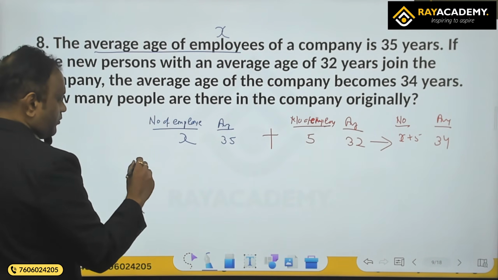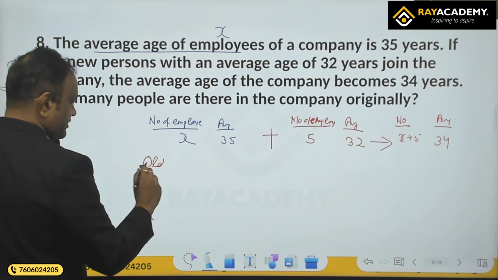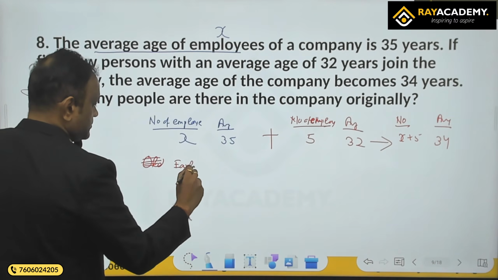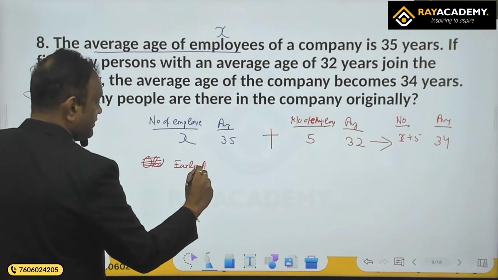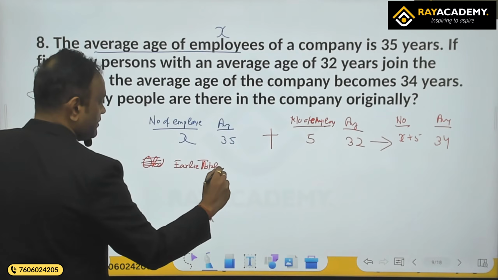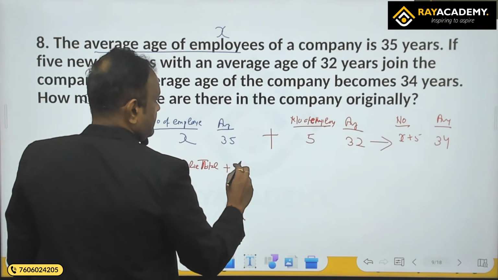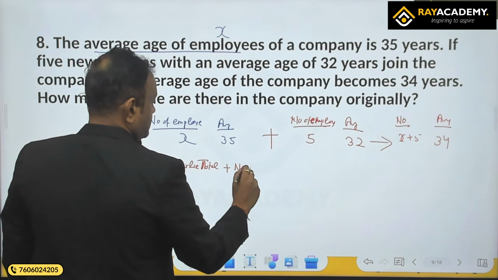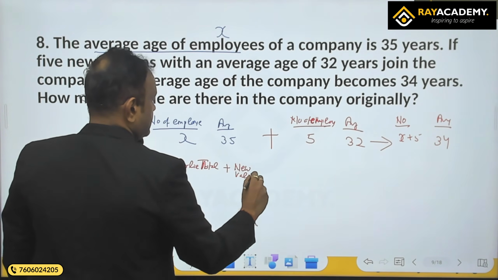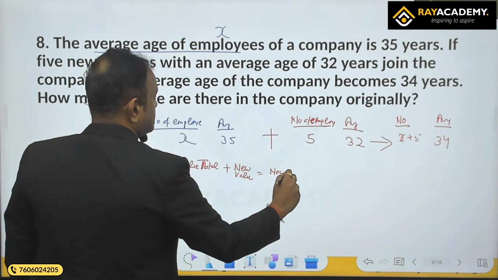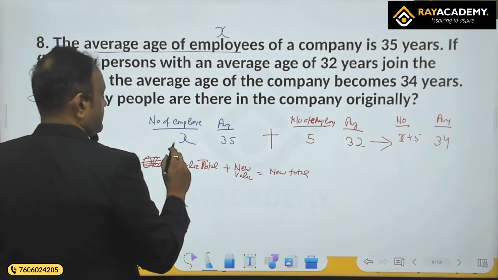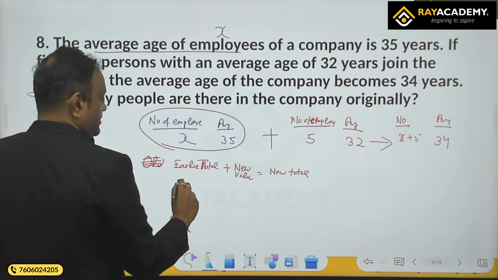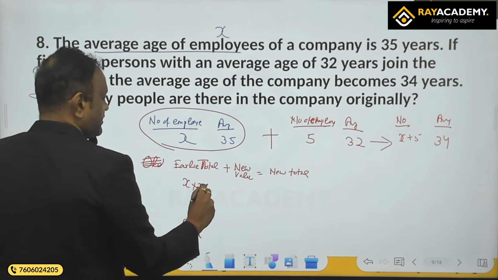So it is a simple calculation: the earlier total, sorry, earlier total plus the new value equals the new total. Initially there were x employees with average 35, so x into 35 is the earlier total.